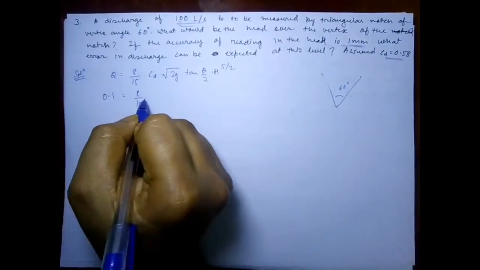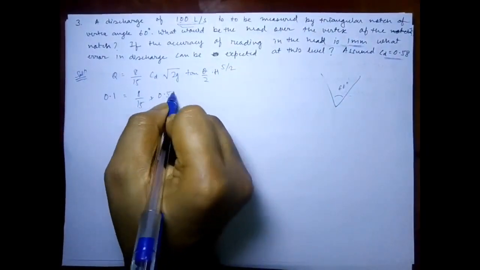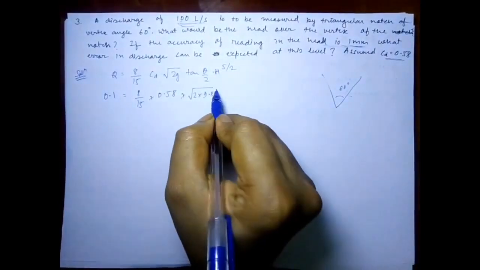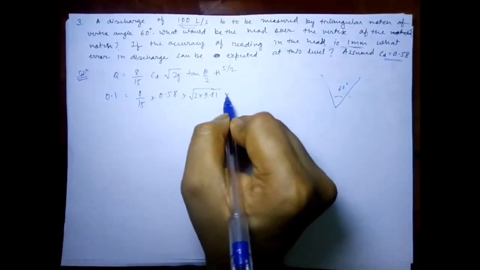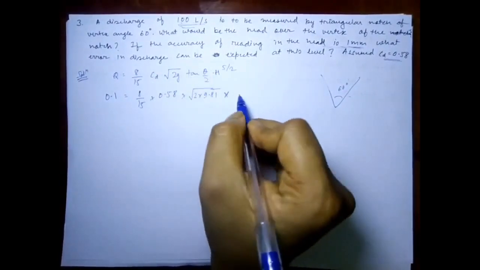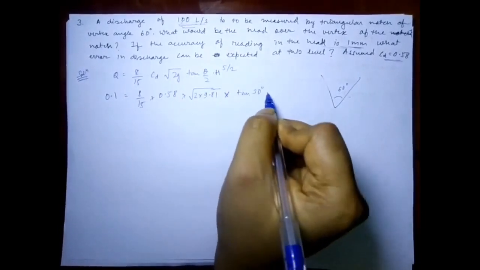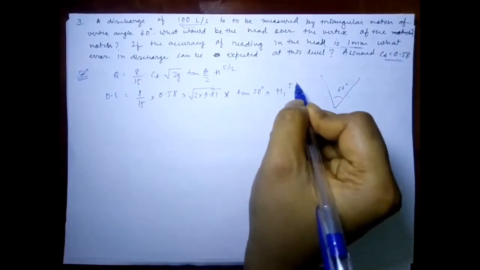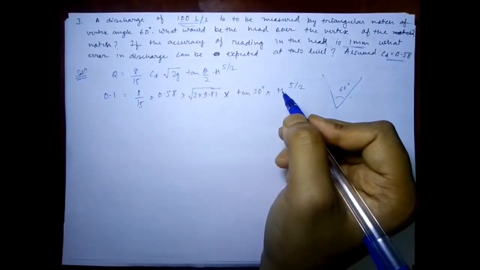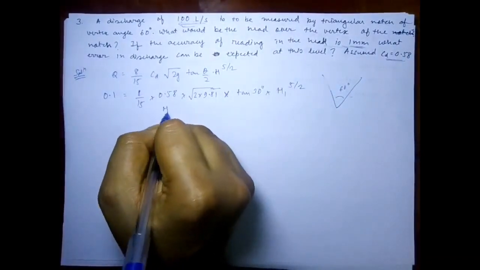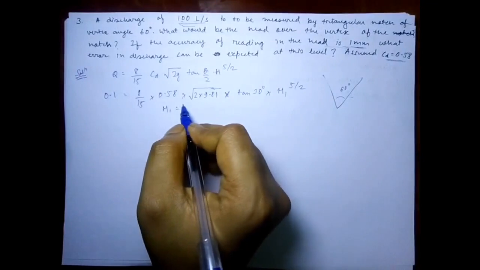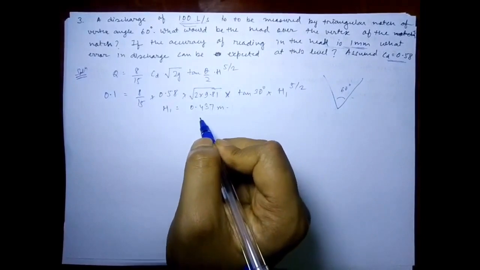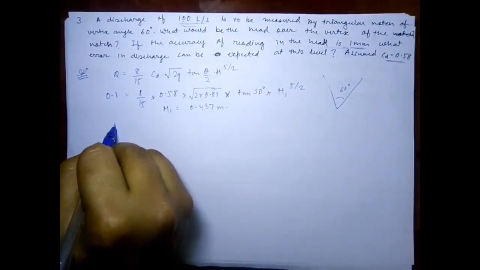So 0.1 is equal to 8 by 15 times CD, which is 0.58, times root 2 times 9.81 times tan theta by 2, theta is 60, so it will be tan 30, times, let us suppose, h1 to the power 5 by 2. By solving this we will get h1 as 0.437 meters.